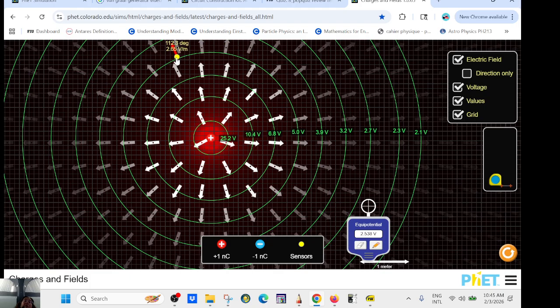You don't have to fight against the electric field. If you go this way, you have to do work against the electric field. If you go that way, it will be the opposite. The electric field wants to do work against you. Is that clear? So this is a point charge.